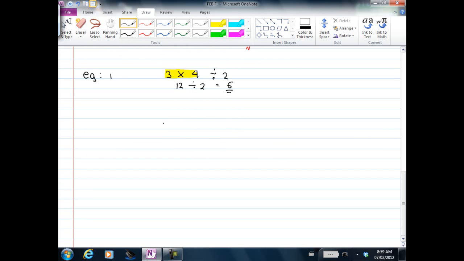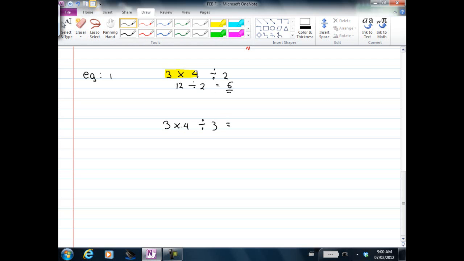What if I give you this? 3 times 4 divided by 3. Okay. If you try to do division first, would you agree you're going to get yourself into trouble? Because 4 can't be divided by 3 nicely. So this is the reason why when you have multiplication and division, you only work from left to right. Because we don't have to follow BEDMAS.